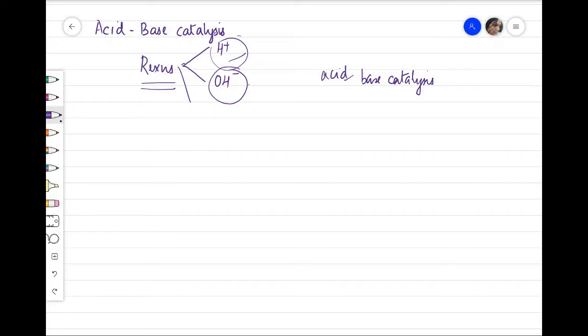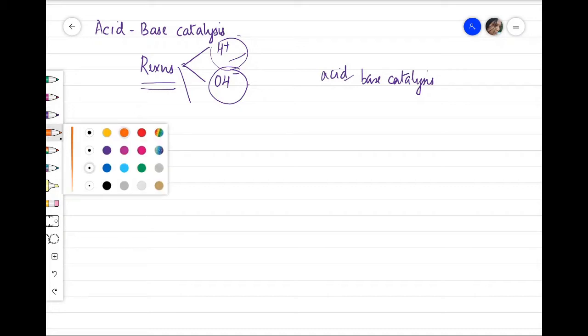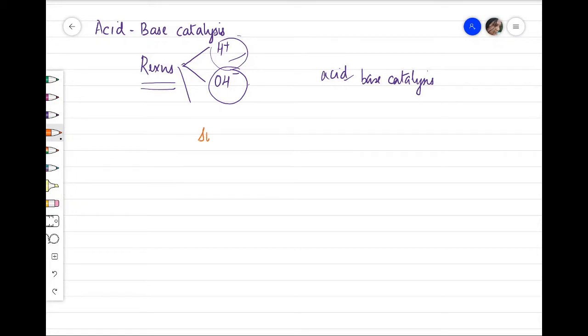When we look back, it was mainly Ostwald and Arrhenius who established this, especially when they studied the inversion of sucrose. They saw that it was catalyzed. Basically, here they studied it with catalysis by the acid and methyl acetate.